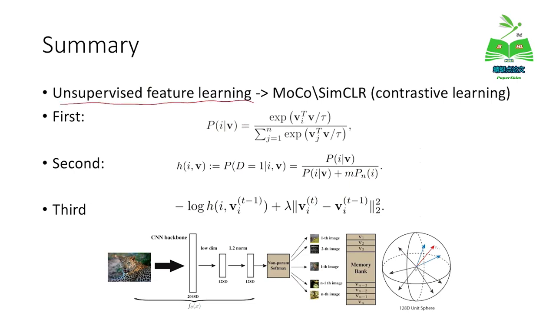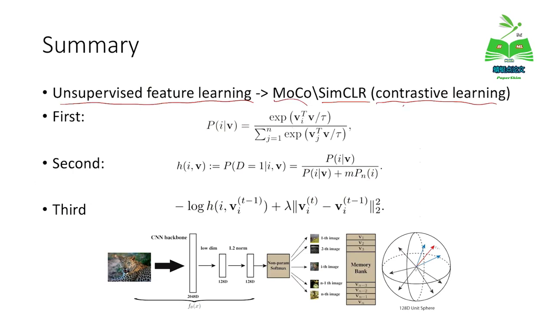The paper comes up with an approach for unsupervised feature learning, and many next works are based on this paper, like MoCo and SimCLR. They give a new domain, a new direction: contrastive learning, based on the idea of this method. Why is it contrastive?